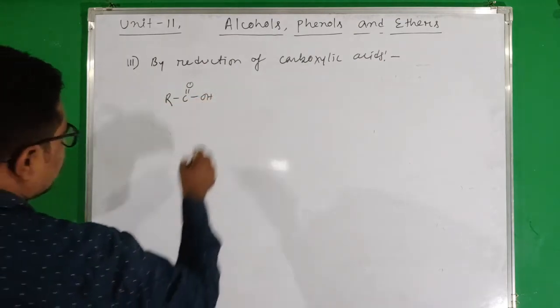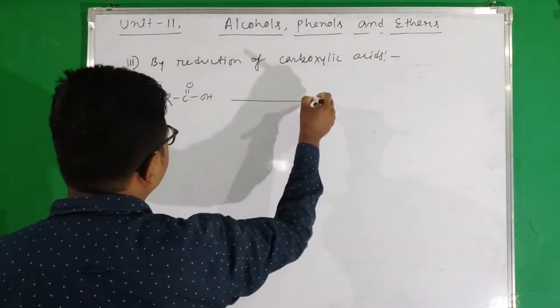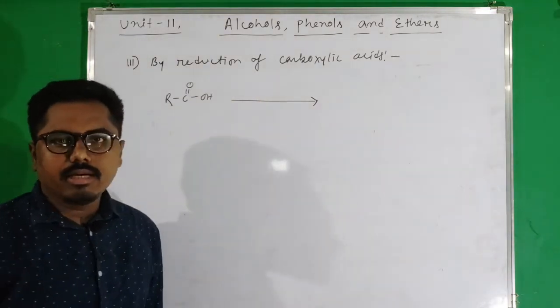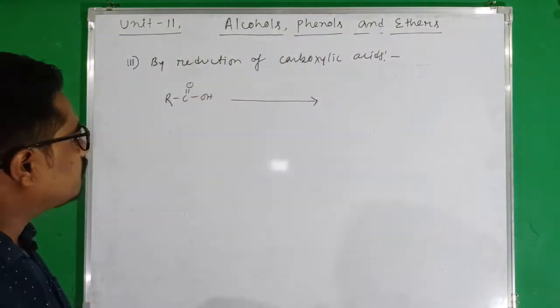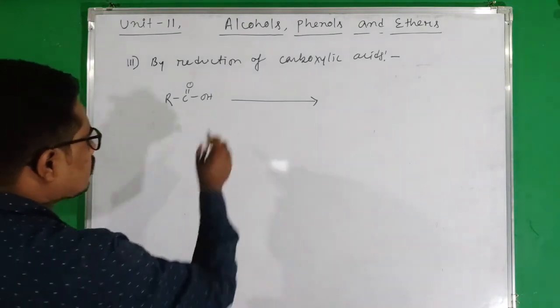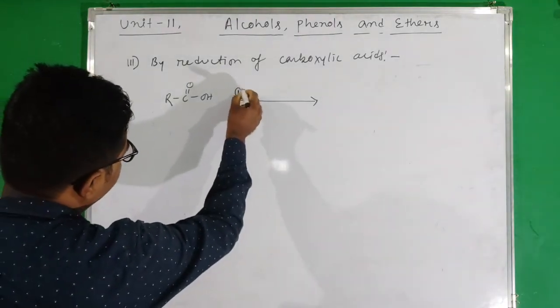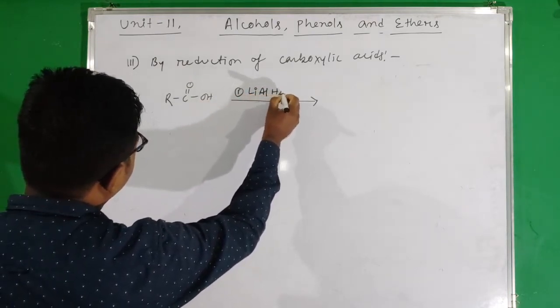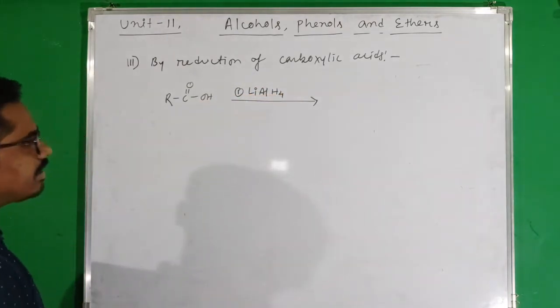Now we will reduce carboxylic acid, and always remember that weak reducing agents will not reduce carboxylic acid. To reduce carboxylic acid we have to use a strong reducing agent, and that reducing agent is lithium aluminium hydride.